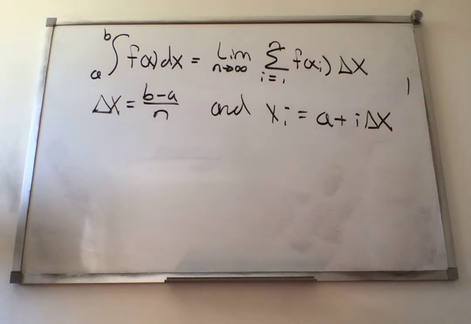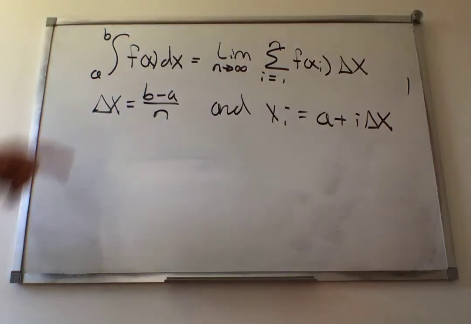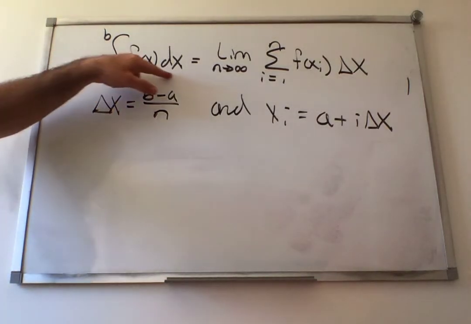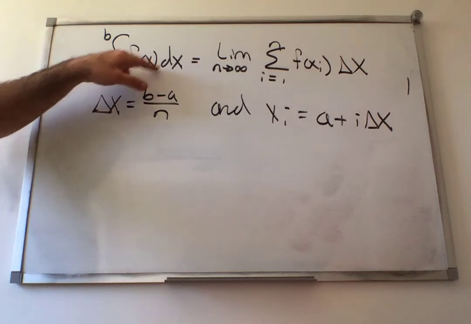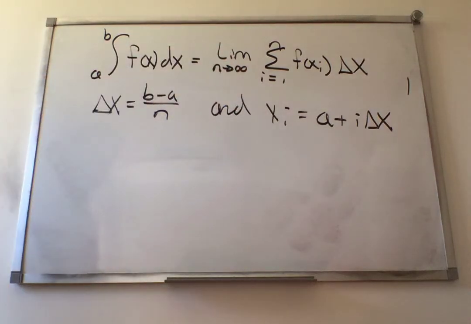So what this theorem is saying is that if you have an integral, you could rewrite it as a sum and calculate the sum this way.